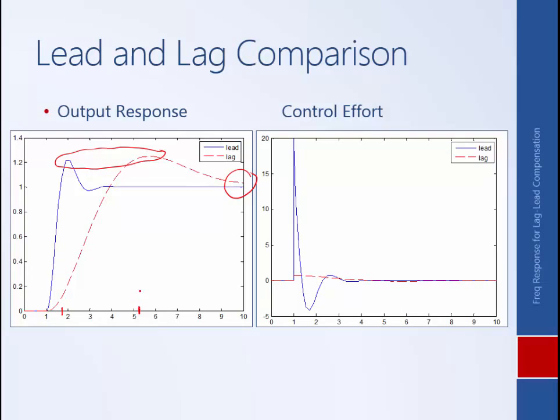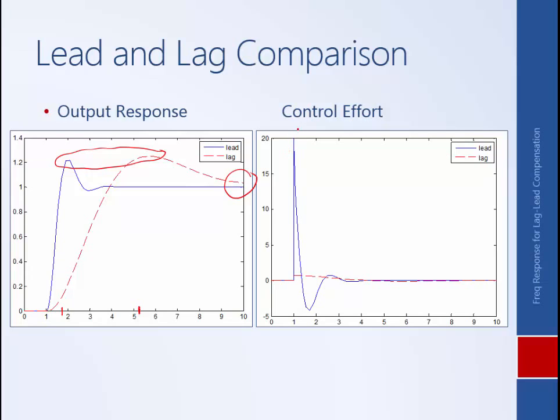The drawback, though, of that speed is the amount of control effort it requires. If we look at this second plot, where again the lead compensator is the blue line and the lag compensator is the red line, we can see that the lead compensator requires much more control effort.